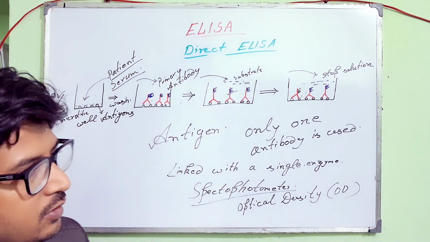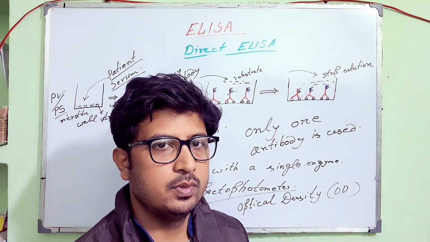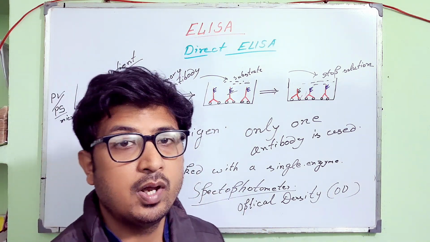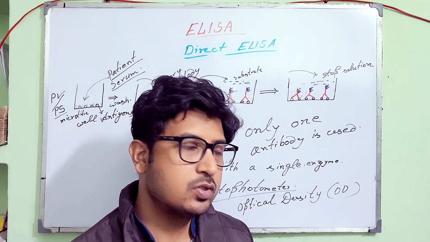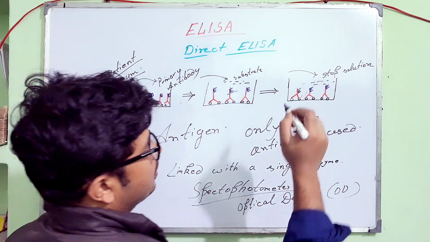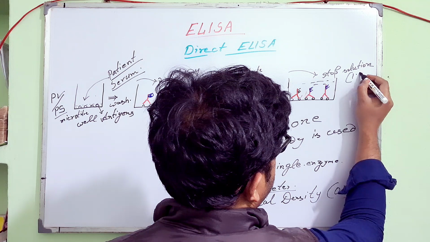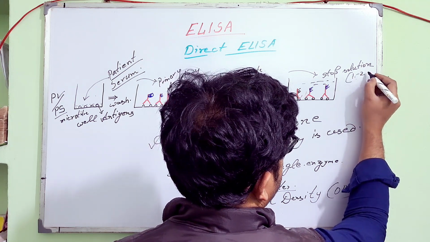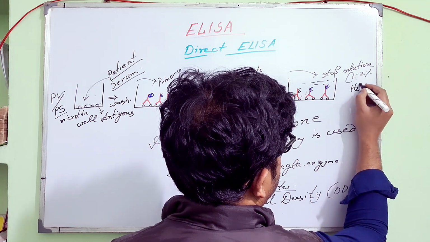Now after 1 to 2 minutes of incubation after giving the substrate, you have to add the stop solution. Stop solution is a very important component of ELISA, which is generally 1 to 2% H2SO4.